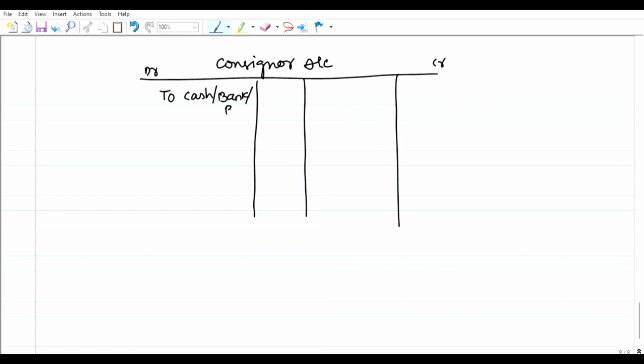That is what the entry is. For expenses paid by the consignee on behalf of the consignor, he will make the consignor a debtor because he should give back the expenditure, but the consignee directly incurs the expenses, to cash or bank. And the next transaction, for the commission receivable, consignor account debit to commission account, because the commission is receivable from the consignor, so he makes the consignor a debtor. So consignor account debit to commission.